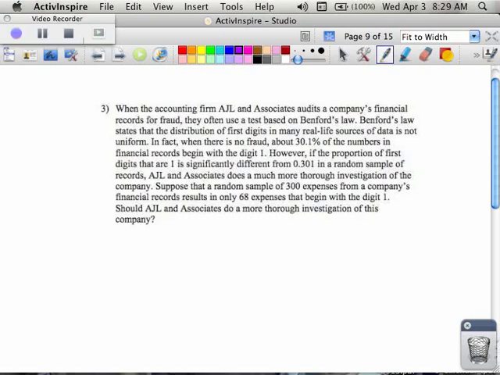However, if the proportion of the first digits that are 1 is significantly different than 0.301 in a random sample of records, AJL and Associates does a much more thorough investigation of the company. Suppose the random sample of 300 expenses from the company's financial records results in only 68 that begin with the digit 1. Should they do a more thorough investigation?